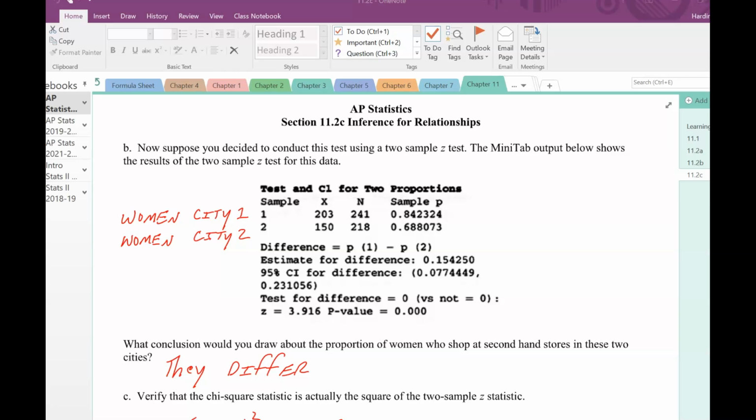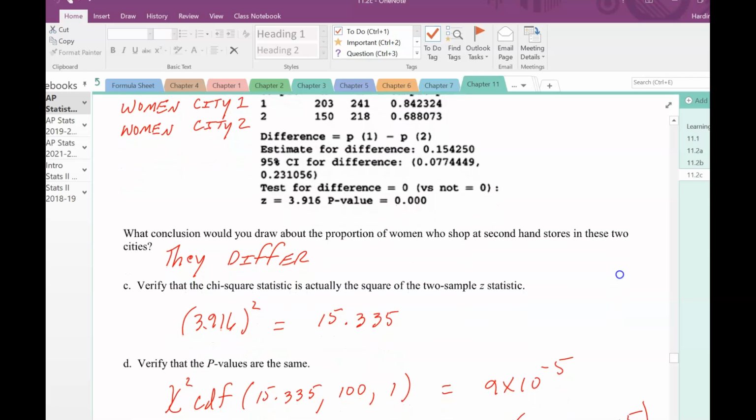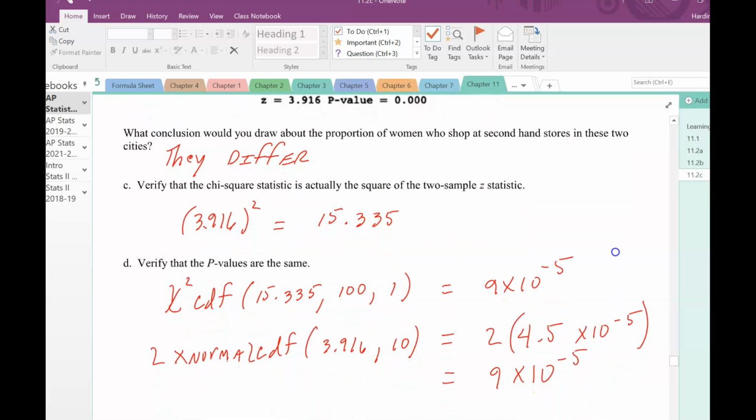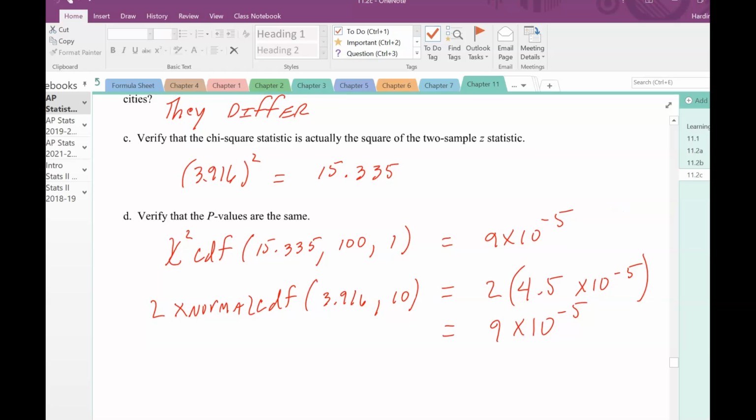Now the interesting thing here is take a look at C. It says verify that the chi-square statistic is actually the square of the 2-sample z statistic, and you should find that 3.916 squared is the same as our chi-square statistic. You can also go to your calculator and verify that the p-values are exactly the same.